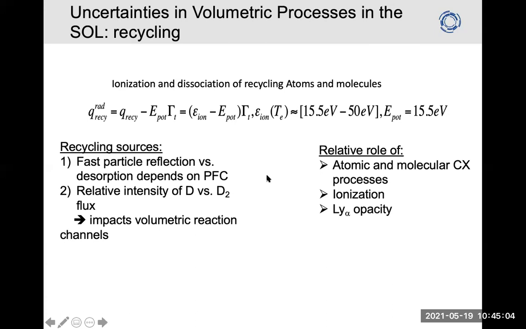So when we try to think of the recycling of particles at the targets, the thing we are not so sure about is the relative role of atomic and molecular processes, because for this we would need to know in 2 dimensions in the divertor the distributions of the neutrals.